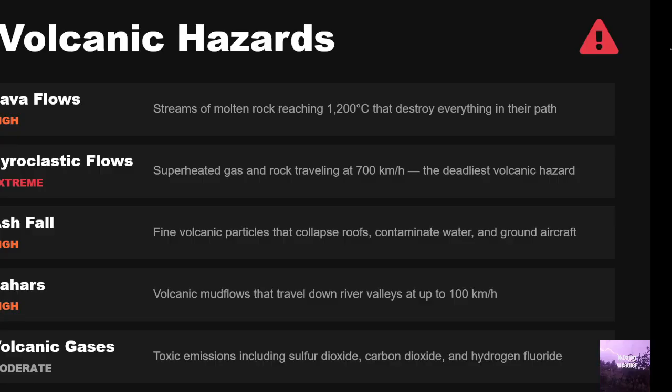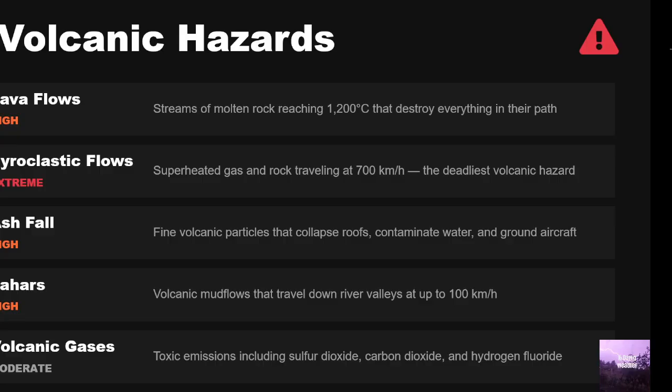Volcanic hazards. Lava flows, which are high risk, are streams of molten rock reaching 1200 degrees Celsius that destroy everything in their path. Pyroclastic flows, which are extreme, are superheated gas and rock traveling at 700 kilometers an hour, the deadliest volcanic hazard.